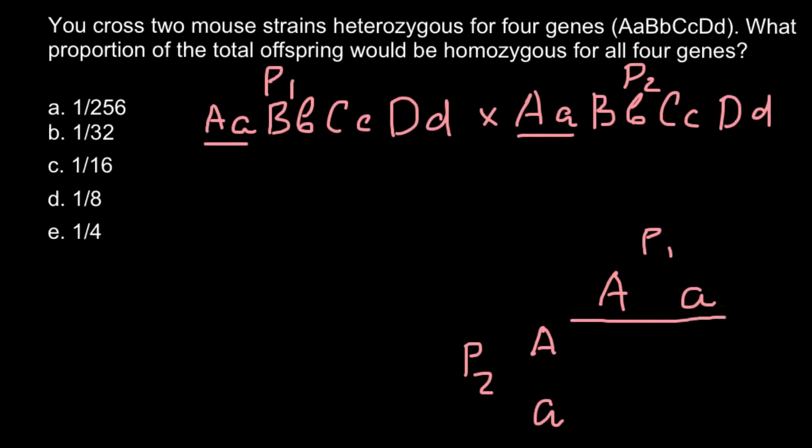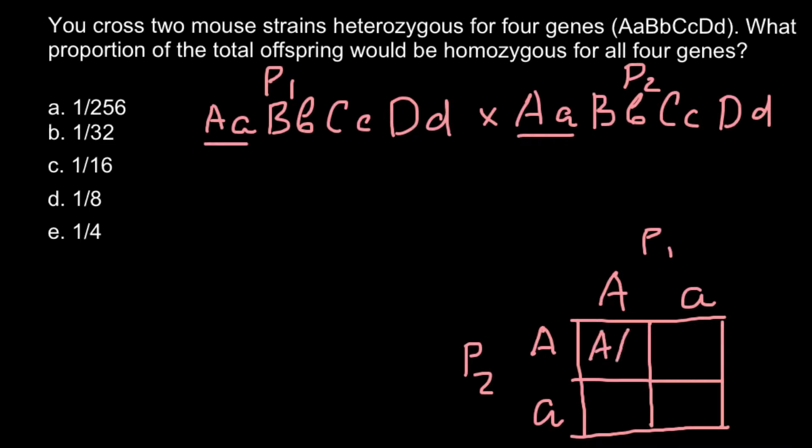Now when we build a Punnett square, we can predict the probability that the offspring would be homozygous for this gene. So here we would have capital A capital A, capital A small a, capital A small a, and small a small a here. So as you see, this is homozygous dominant, and this genotype is homozygous recessive.